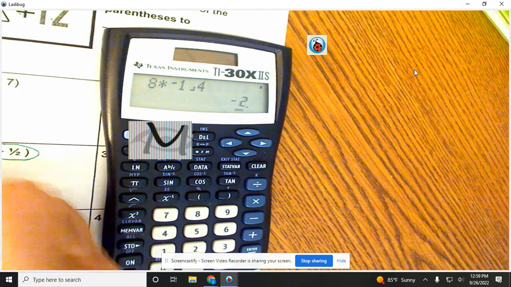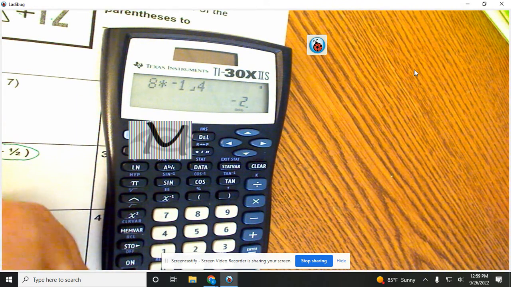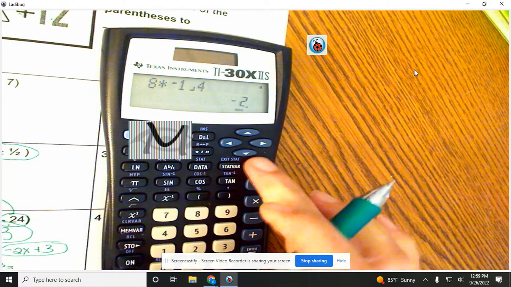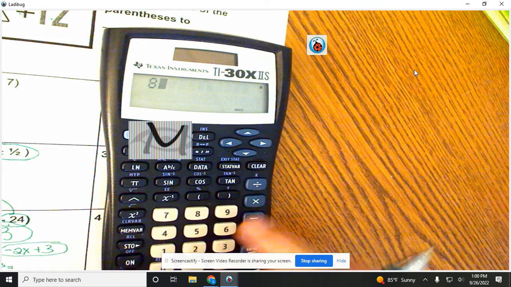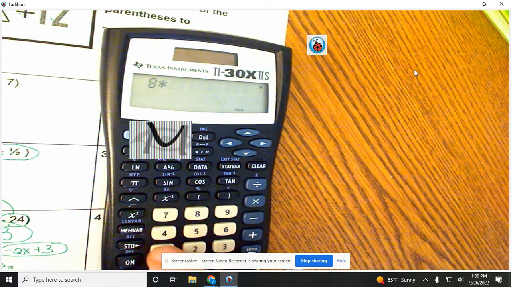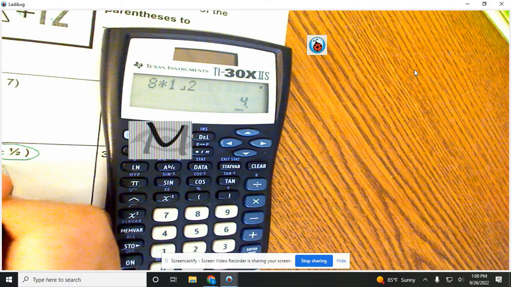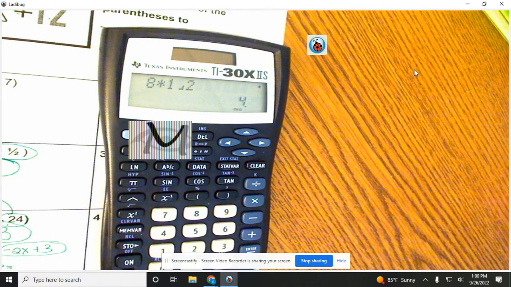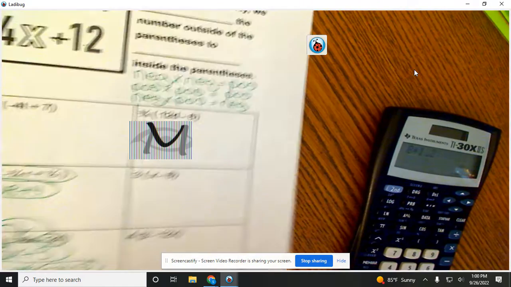So over here, I'm going to put negative 2r, and we've got a positive and a positive, so we're going to keep that a positive. Clear that out and do 8 times 1 over 2, or 1/2, which gives you a positive 4. So this is how we are working with the distributive property.